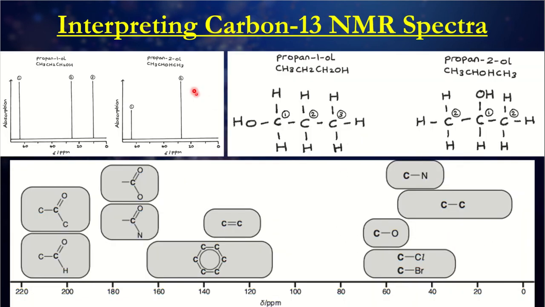Okay, so the next thing we need to do is look at interpreting carbon-13 spectra. Same idea as always. We have the chemical shift that we talked about before, so I won't go through it again. We did talk about the carbon environment, so working out what the carbons are aligned to. That will tell us how many different environment types that we have.